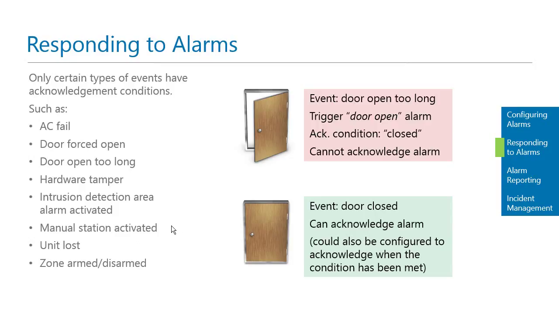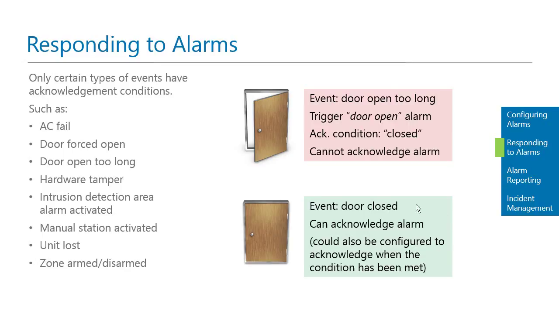And we'd also seen our manual station activated. We talked about that earlier, and that needs to go back to a regular state. Looking at our example here from the previous slide, our event is door open too long. We have the door held open. That triggers the alarm, and then the acknowledgement condition we had set up is that the door must be in a closed state, and we can't acknowledge the alarm until that condition is met.